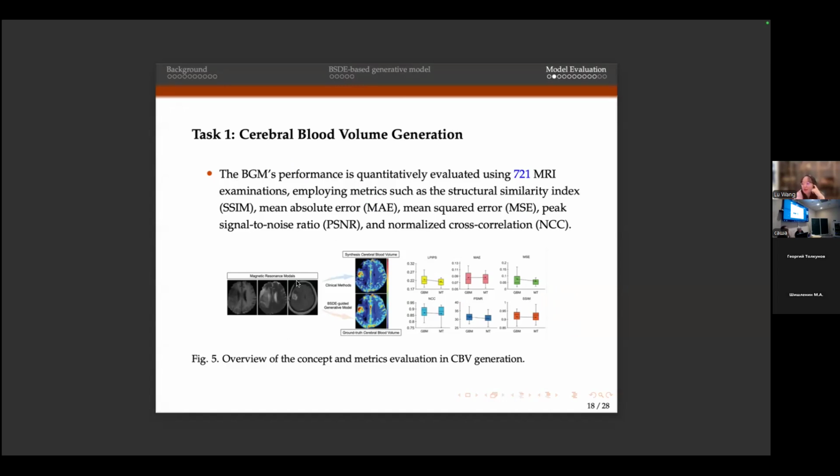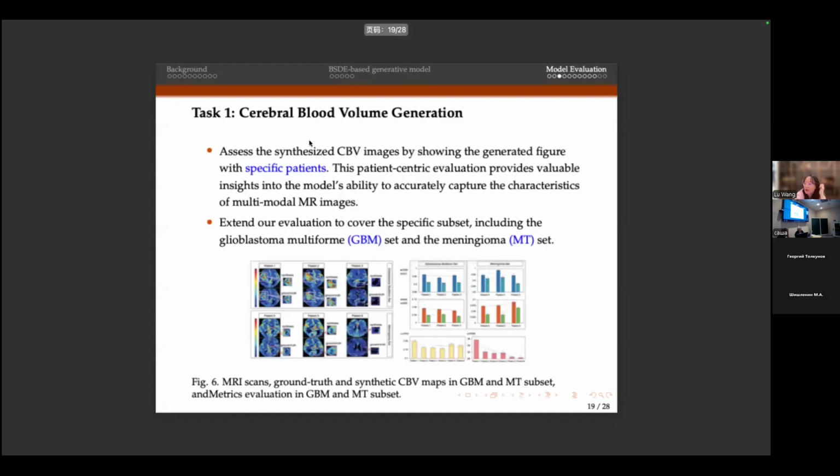In task 1, the first result is that the SSIM and also MAE and MC all have good values. Another result is that we show specific patients, and we can see they are really similar. Also the numbers are great.